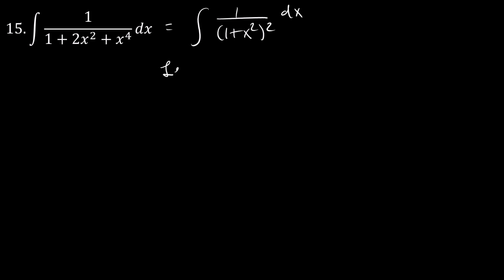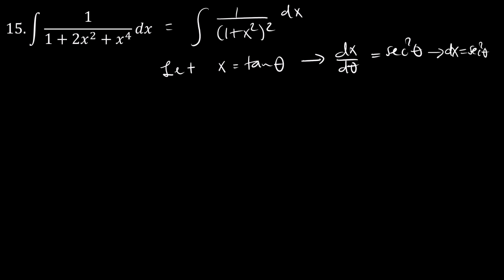And when faced with such a problem, we can just say let x be equal to the tangent of theta, meaning that dx d theta is equal to sec squared theta. And so dx can be substituted using sec squared theta d theta.